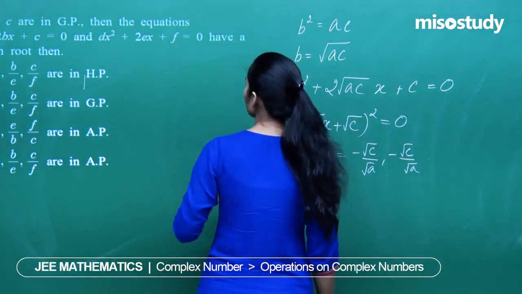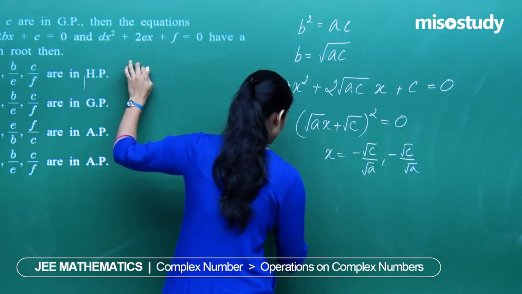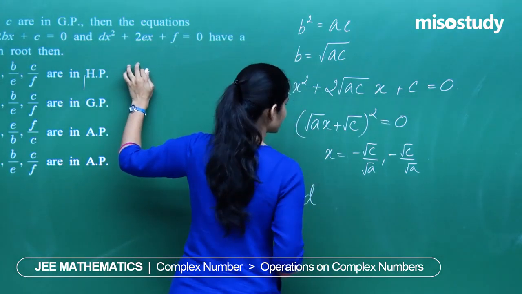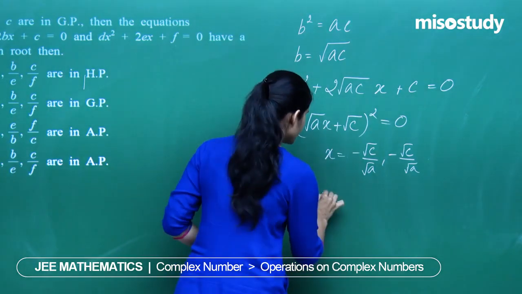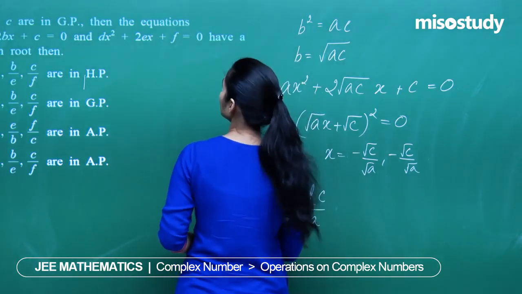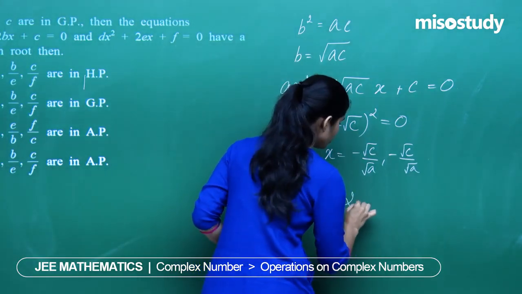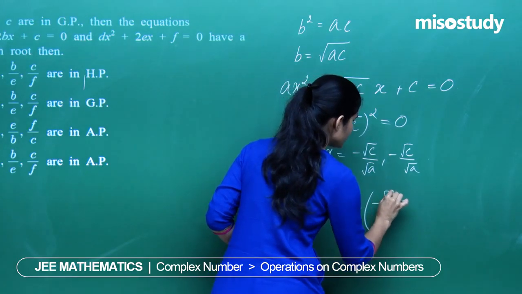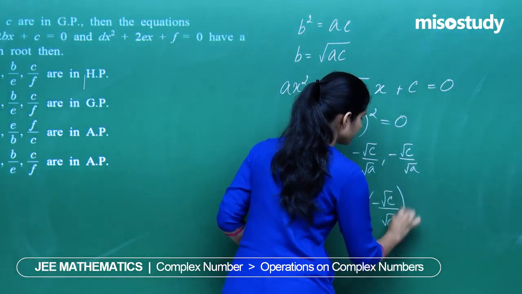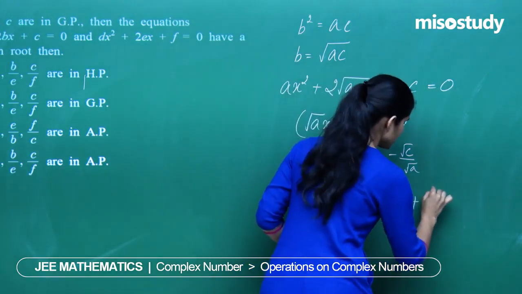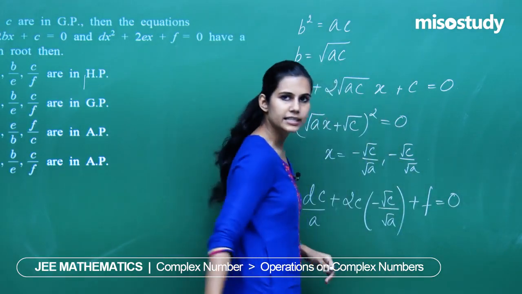Because this is a common root, so it will satisfy the next equation also. So you have dx square, d and square of this, which is C by A, plus 2ex, x is minus root C by root A, plus f equals 0.